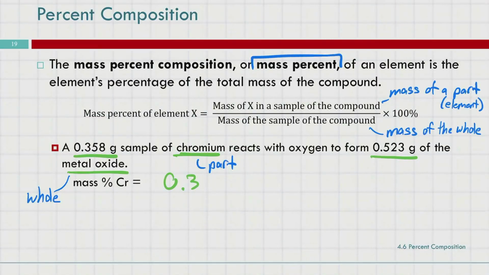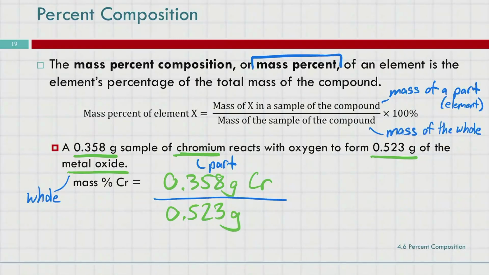So 0.358 grams of chromium divided by 0.523 grams of the metal oxide. We don't know what the formula is, times 100%. Your mass percent will always be less than 100%.